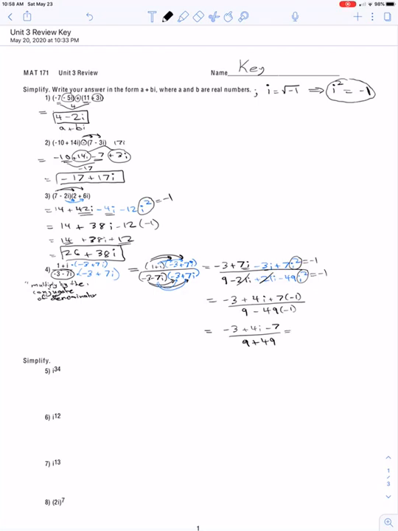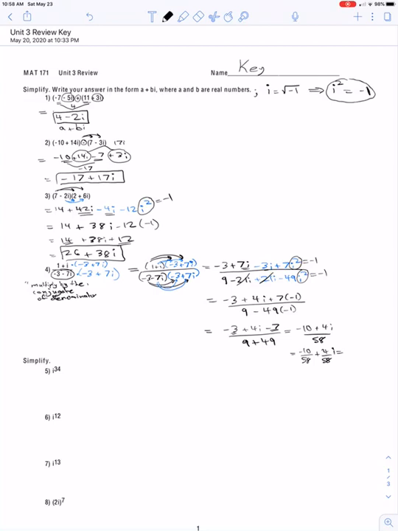Now, as we go with that, we got a couple of constants to combine. Negative 3 and negative 7 make negative 10. So we got negative 10 plus 4i divided by 58. And what I want to do is make it look a little bit better. Let's go ahead and break this up and divide out the common factors. So what is negative 10 over 58?